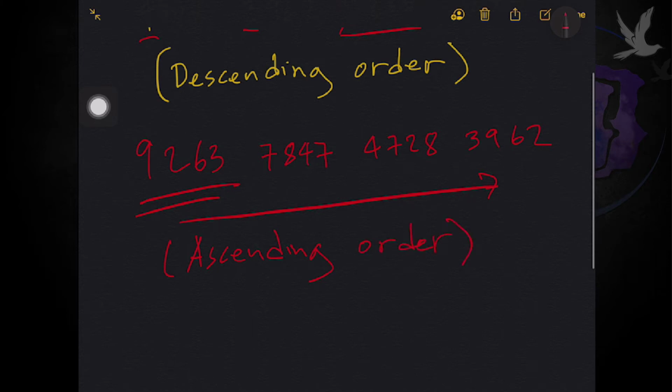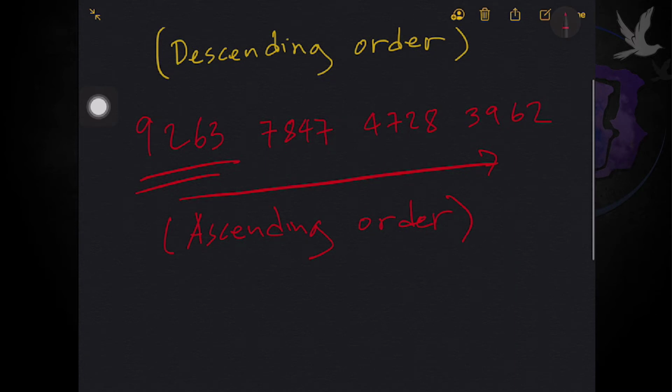So if we start with the smallest, we now have 3,962, 4,728, 7,847, and 9,263.